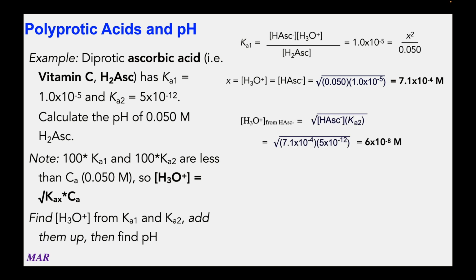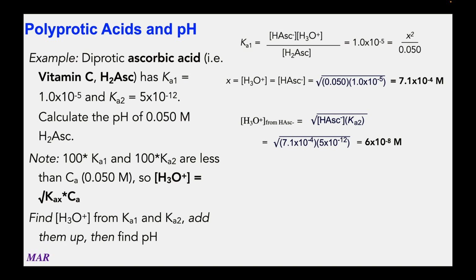Now, the second one, we have to be a little tricky because the hydronium from the second part is going to be the hydronium from the HASC minus. It's already lost one H for Ka1. We're dealing with the hydronium from the HASC minus, the second one, and that's going to equal the square root of this new conjugate times Ka2.